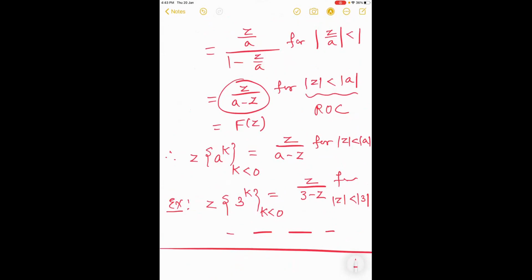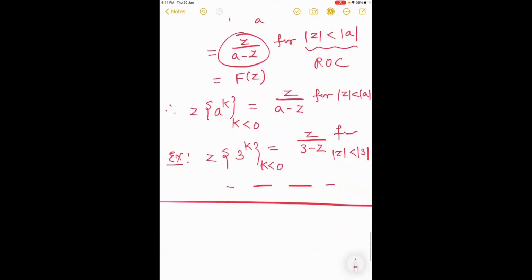Z upon a minus z, z upon z minus a, when it will come, and like that. So if you write that list of formulae on one page, that will be easy for you to solve the examples. How the problem can be derived, that I am telling you. This way, every time putting it in the series form and using the definition of the Z transform.